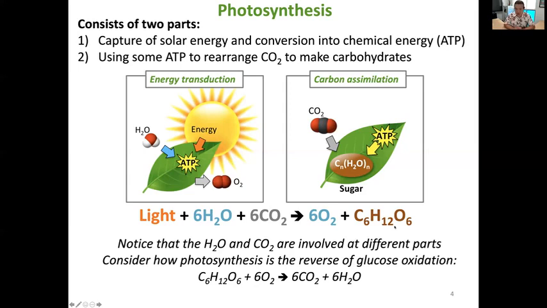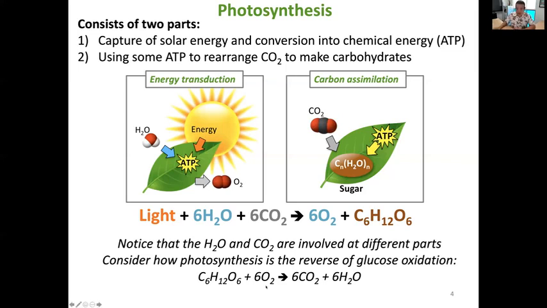So what I want you to notice here is that the H2O and the CO2 coming into these cartoons are involved at different parts. And I also want you to think about how photosynthesis, when we think about it this way, is really the reverse of glucose oxidation.